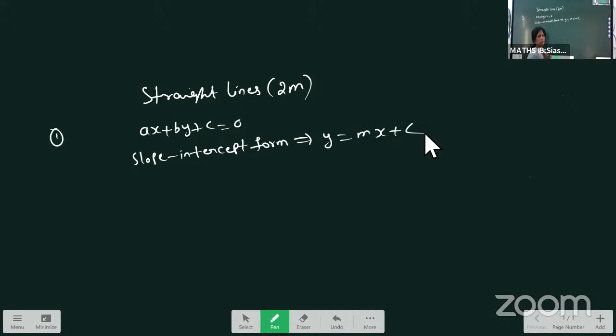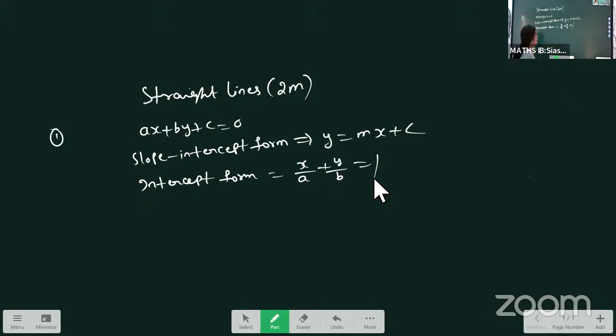Here the coefficient of x, m, is called slope and c is called y-intercept. For intercept form, it will be x by a plus y by b is equal to 1. Here a is called x-intercept and b is called y-intercept.